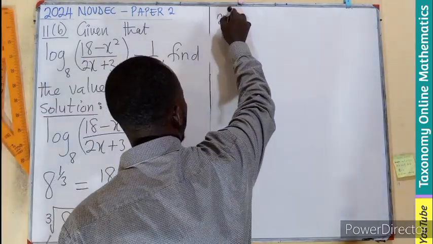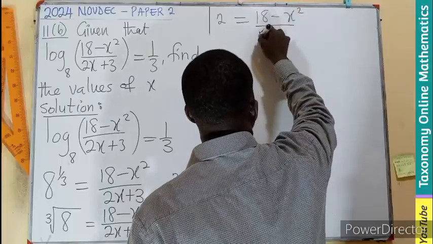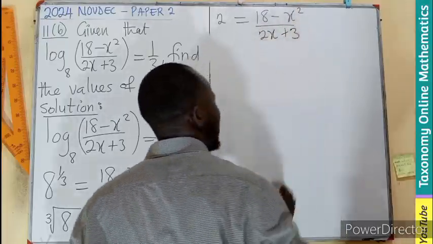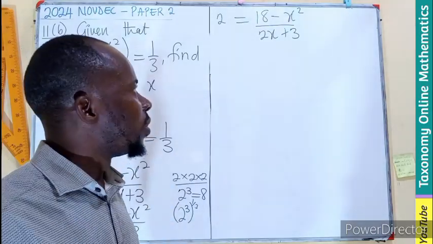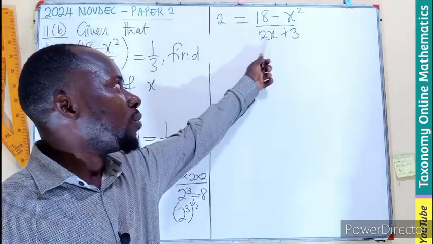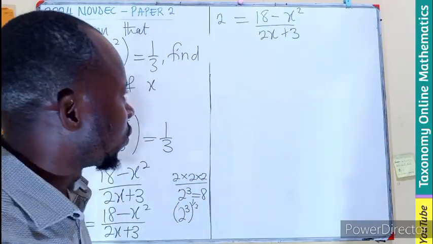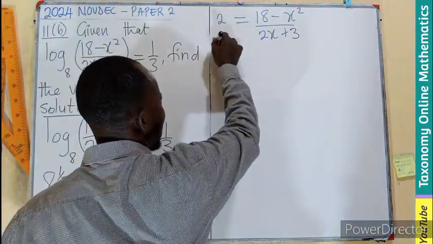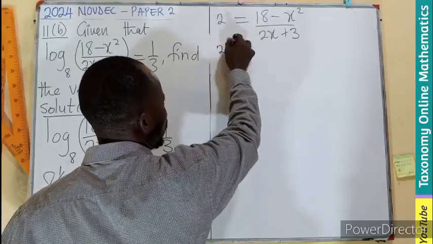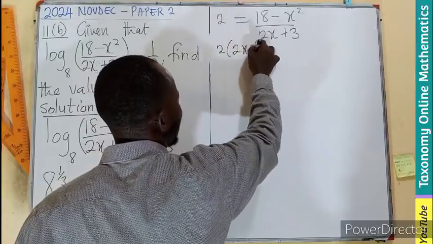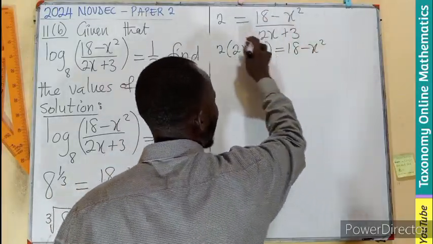So I'll be dealing with 2 equals (18 minus x squared) divided by (2x plus 3). And this becomes a linear equation involving fraction, where we cross multiply or multiply by the LCM, 2x plus 3. So I should be having 2 times 2x plus 3 equals 18 minus x squared.